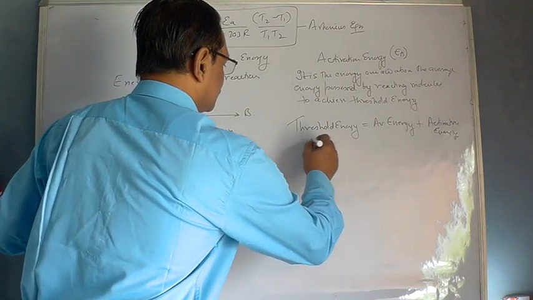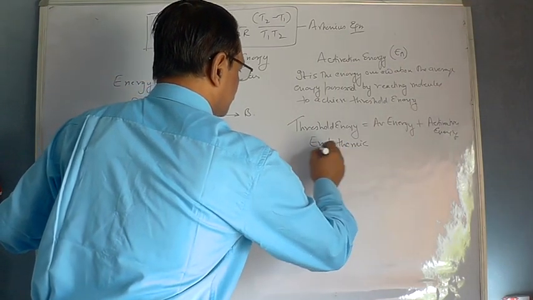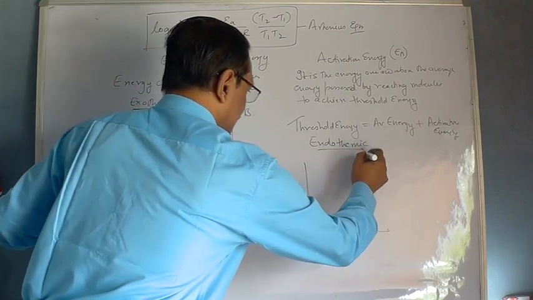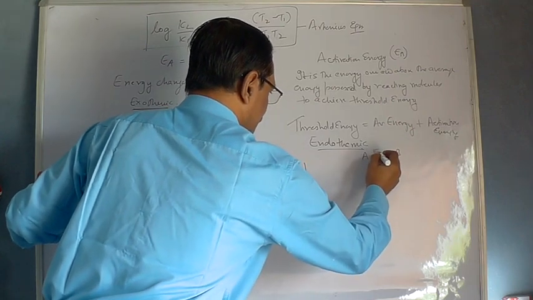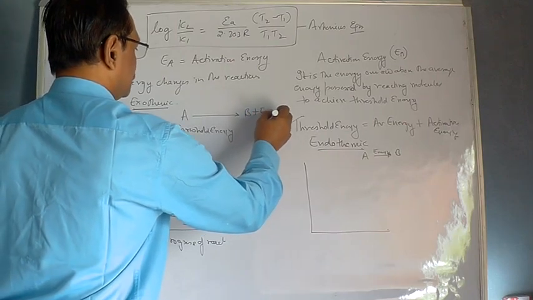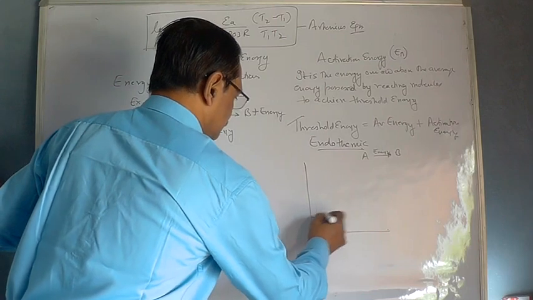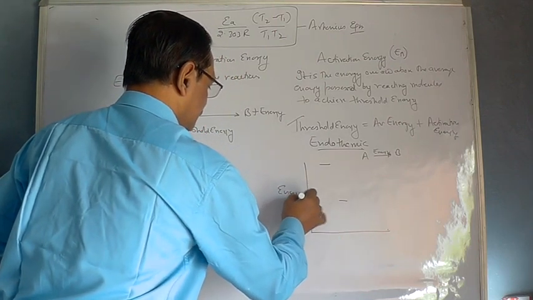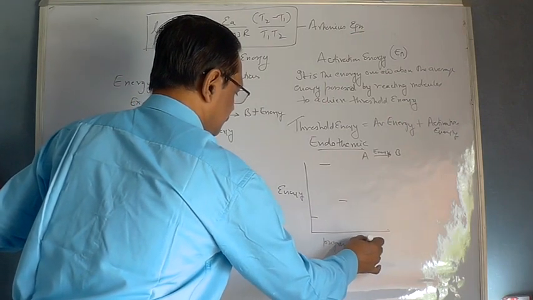Let us take for endothermic. Same type of graph. Again, A giving B. Here energy is being consumed. Here energy is being released. Energy, progress of reaction.